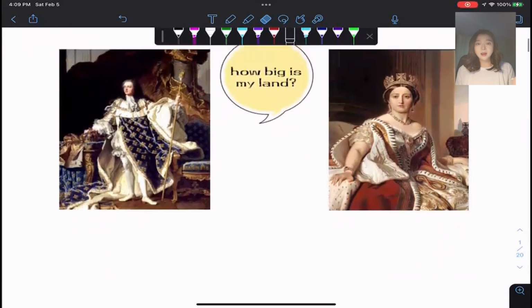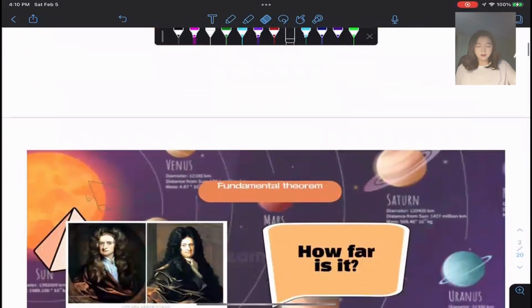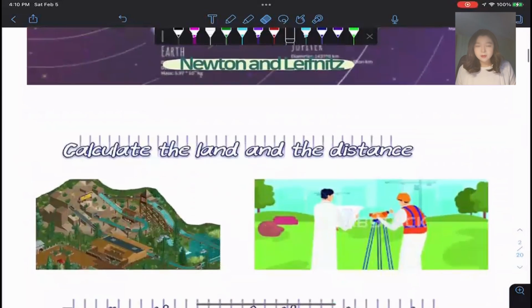So they gathered a lot of genius mathematicians to calculate the curved area and told them, how big is my land? How far is it from Earth to the star? But these genius mathematicians didn't know how to calculate the curved area.